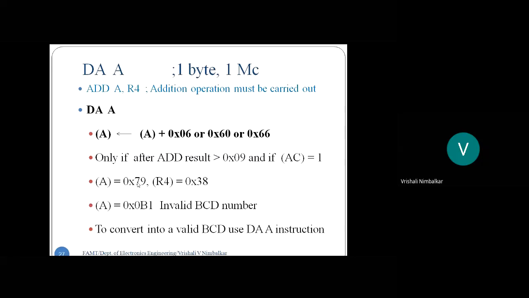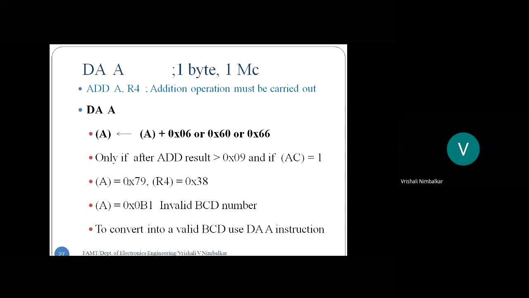Microcontroller does not understand anything. It's the programmer who has to make the microcontroller work the way he or she wants. Correct? I want the microcontroller to take inside 79, so I enter the data 79 hex. I enter the number as 38 hex.